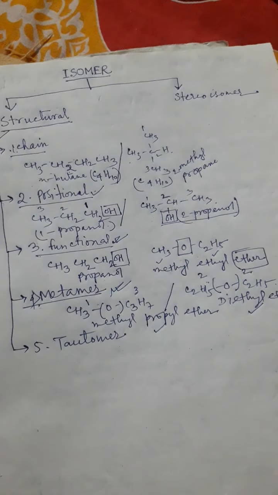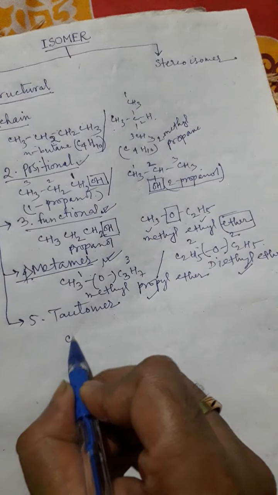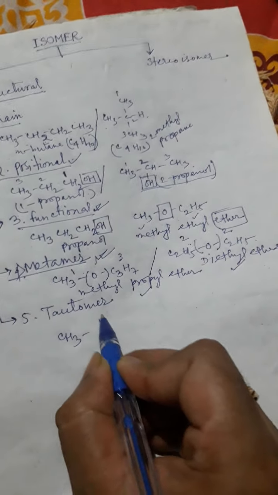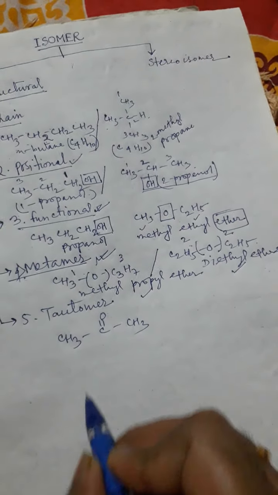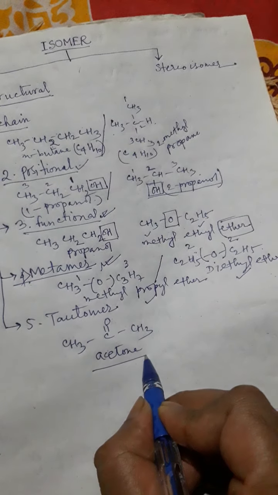Okay. Next coming to tautomer. Give me one example. Suppose CH3 C double bond O CH3. What is the structure name? You know, it is acetone.